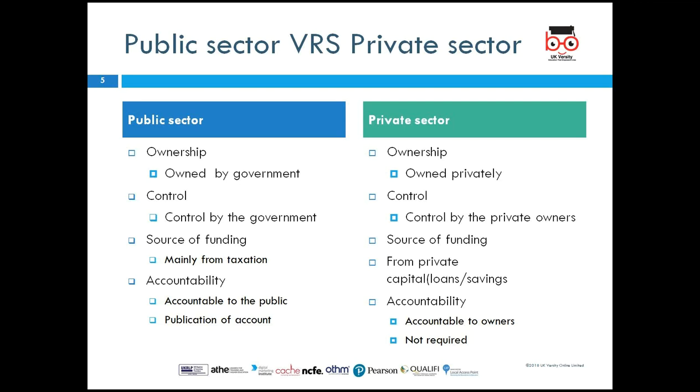Because the funds were generated from the public, being taxes. And because of that, they are required to publish their accounts. In terms of accountability for the private sector, the owner is accountable to himself and is not required to provide the accounts into the public domain.